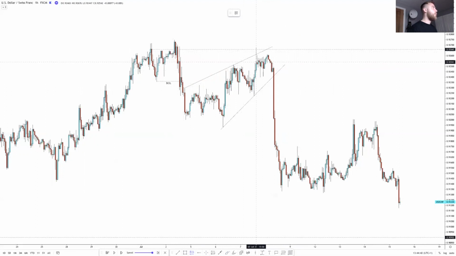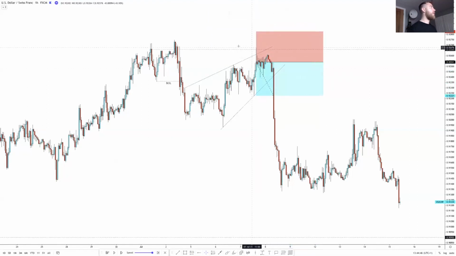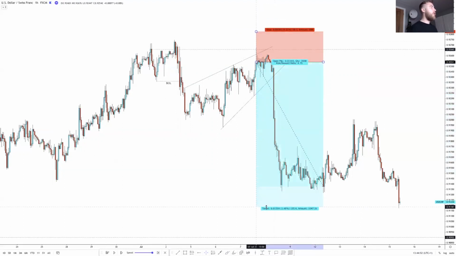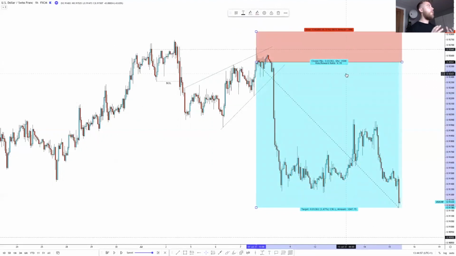Let's say, for example, they enter the market here, and their stop loss is going to have to be around these areas to make sure it's above the highs, above the wick, and protected. If they took this all the way down to targets, they would be bringing about 4.78%, which is okay. It's a nice risk to reward, and obviously the trade went in the right direction. But if you can get more out of a position, why wouldn't you do that?